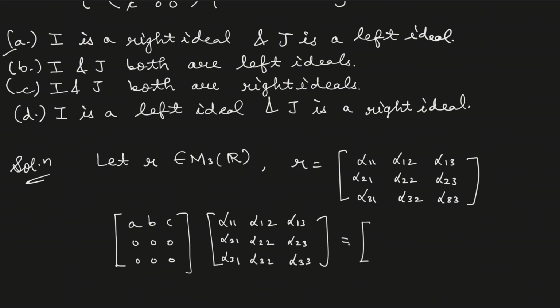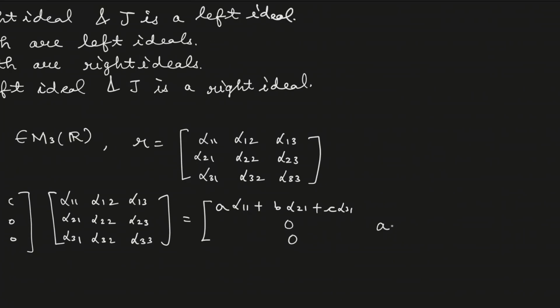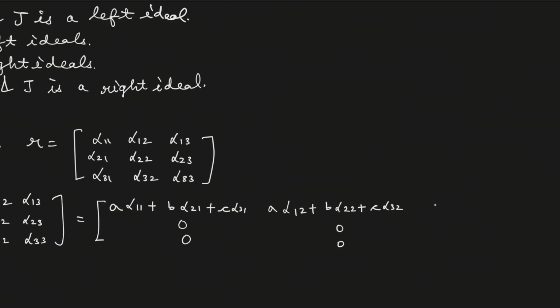So this will be a alpha 1 1 plus b alpha 2 1 plus c alpha 3 1, rest of the entries are 0 0. a alpha 1 2 plus b alpha 2 2 plus c alpha 3 2, 0 0. a alpha 1 3 plus b alpha 2 3 plus c alpha 3 3, 0 0. So this clearly belongs to I.